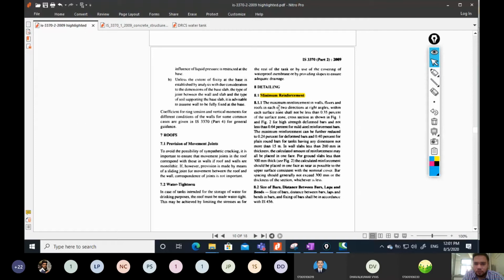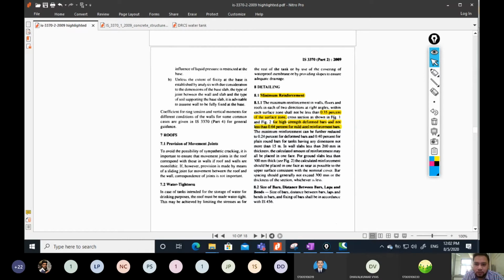Minimum reinforcement in the walls, floors, and roofs in each of the two directions at right angles within each surface zone shall not be less than 0.35% of the surface zone for HYSD bars, and not less than 0.64% for mild steel reinforcement.